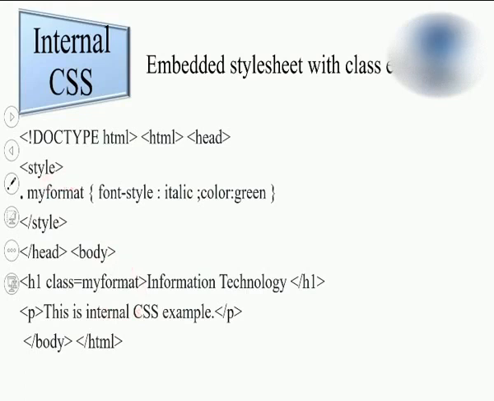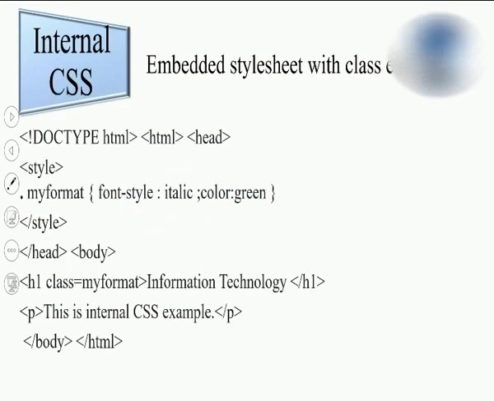I wrote this my format here and I am applying it here for the information technology word as the heading. For applying it, I just wrote class equal to my format. So this information technology will have all these effects which I have specified in the style tag.